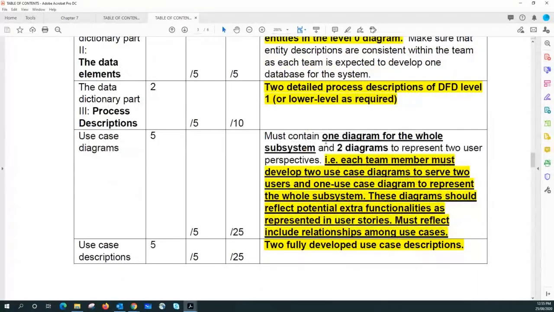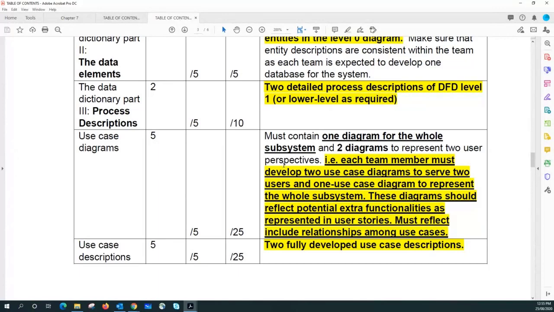It must contain one diagram for the whole subsystem. This is what I have told you, right? One diagram for the whole subsystem, and two diagrams to represent two user perspectives. So you may have a doctor, a receptionist, or a doctor and maybe a client or a patient.